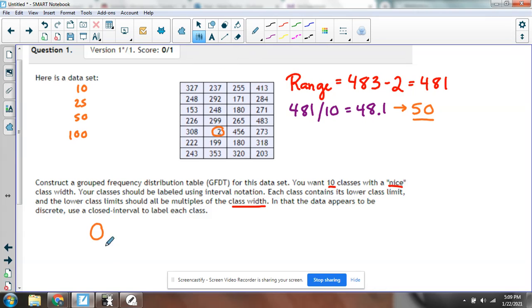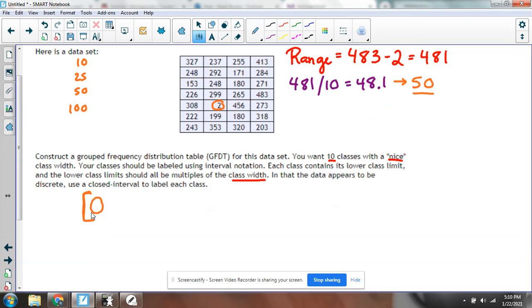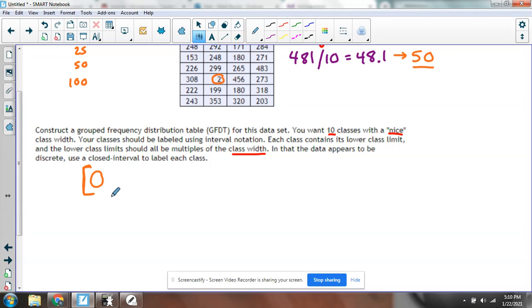So we're going to start the first interval at 0, and we're going to use interval notation, so we're going to use these square brackets. That's a square bracket, right next to the P on your keyboard. If the classes have a size of 50, the first one starts at 0, so the second one's going to start at 50. The third one's going to start at 100, and so on.